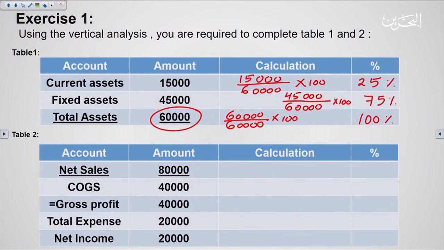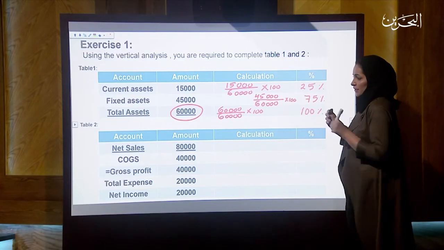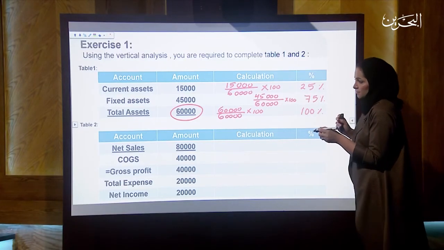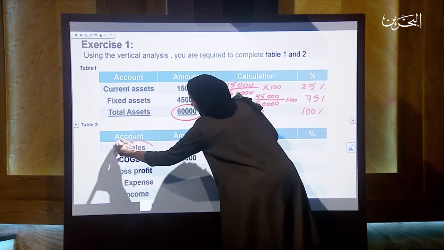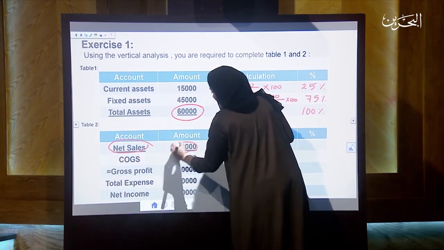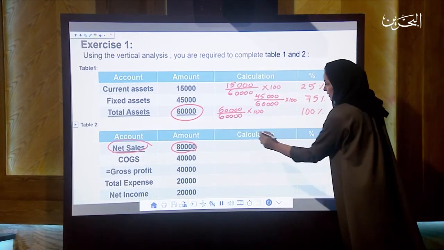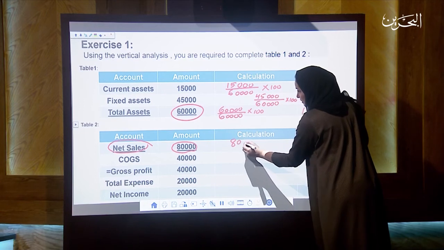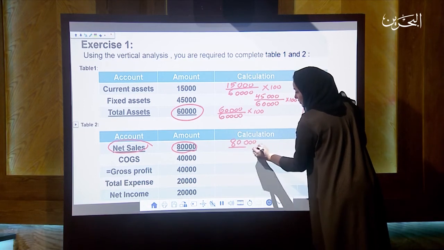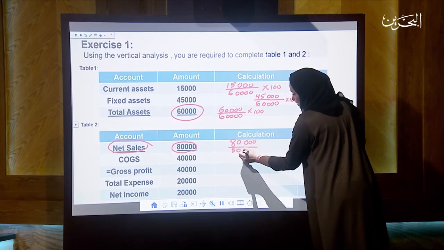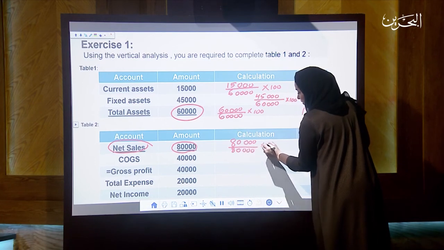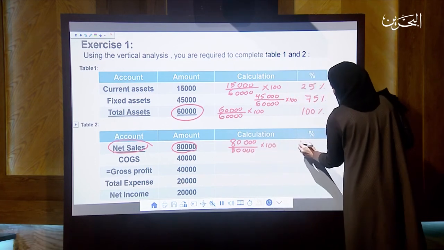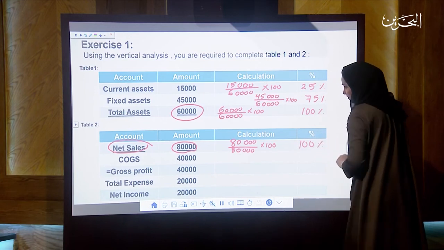We notice that this is income statement figures. So the formula says any item of the income statement divided by net sales. We will divide the amounts by net sales. So 80,000 divided by 80,000 multiplied by 100 equals 100%.